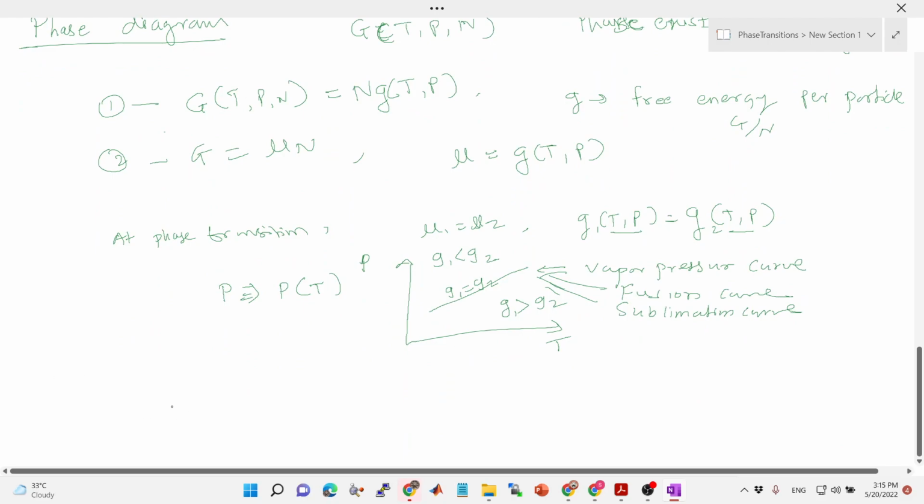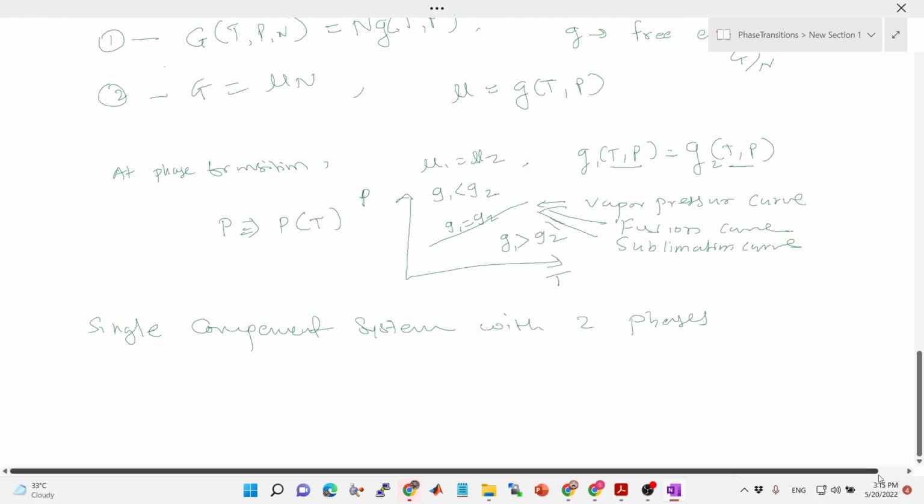Now, we are going to deal with a single component system most often in this course, with two phases, phase 1 and phase 2.